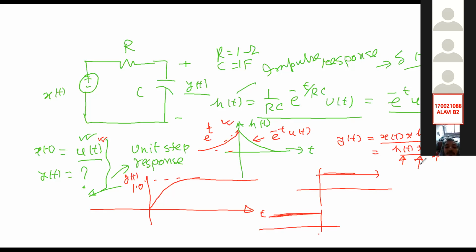And interestingly, you will see that without evaluation, you can easily obtain this figure. Okay, let me show it. Let me draw the figure, then we will go to the equation.